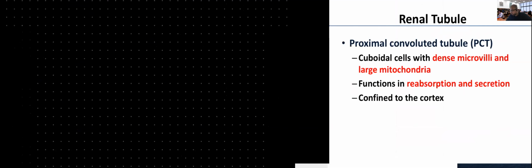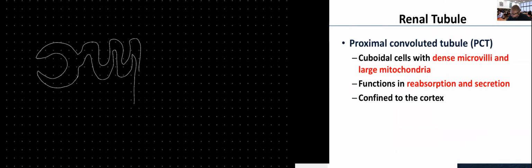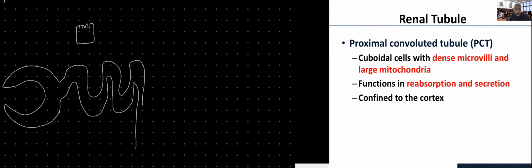Moving on to the structure of the different parts of the kidney tubules. Looking here first at the proximal convoluted tubules. Proximal convoluted tubules have one row of cube-shaped cells lining the inside of the tube.